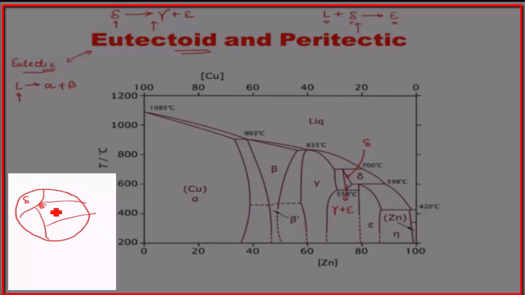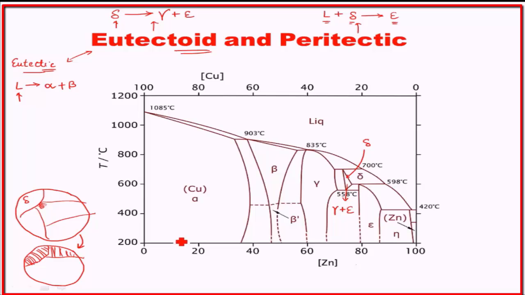At the end of the reaction, the whole delta will be replaced by lamellar gamma and epsilon like this. There will be no delta anymore, it will be gamma and epsilon. The whole structure will be like that.